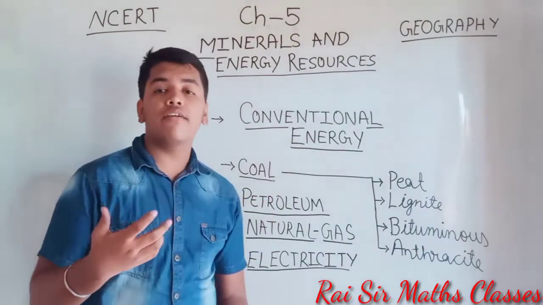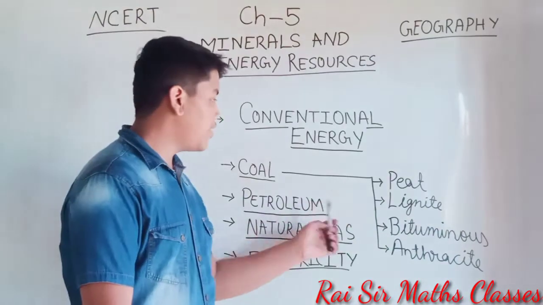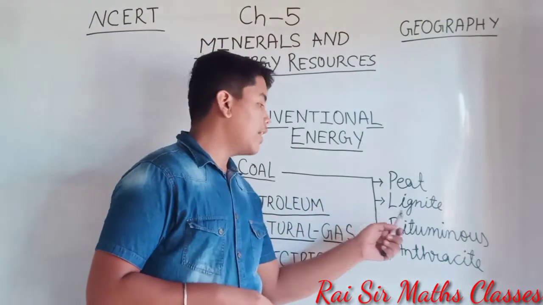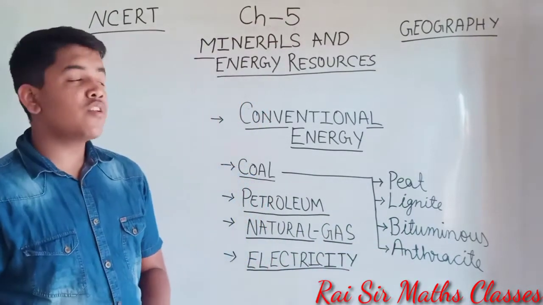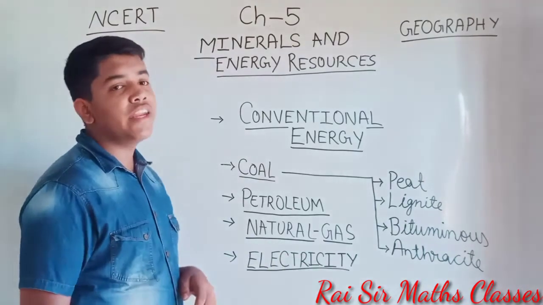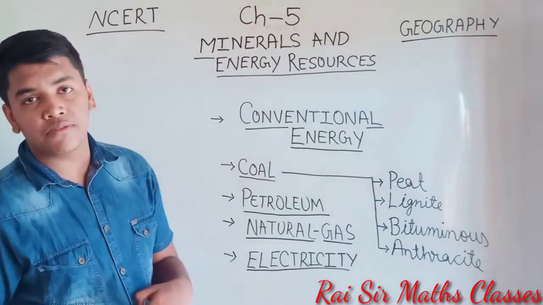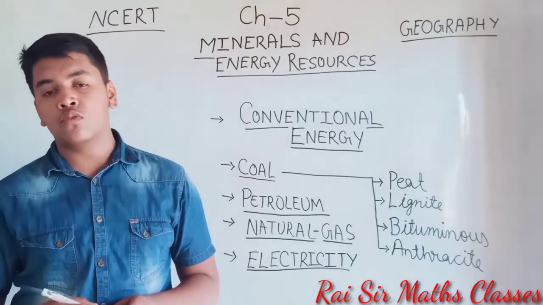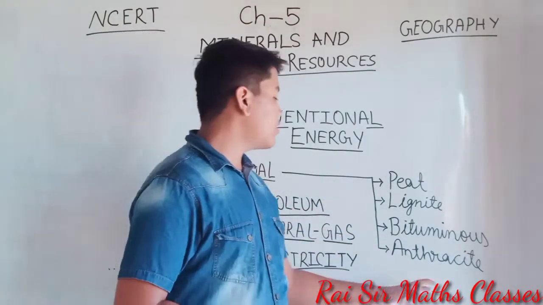Coal has four main types. As you can see that I have written here, the four main kinds are peat, lignite, bituminous and anthracite. We are not going to study these in detail, but I told you how many categories there are. Some students ask what the different types of coal are in our school syllabus. So these are the few.